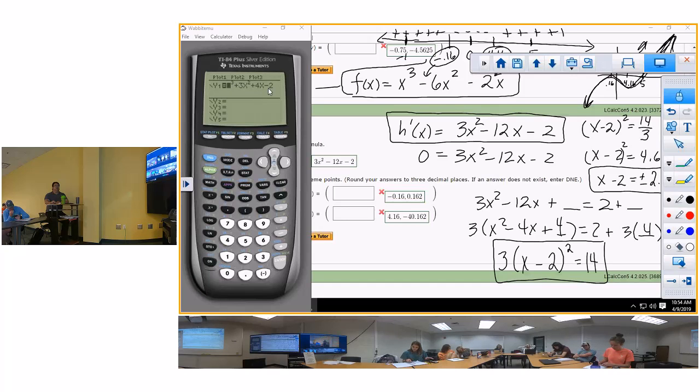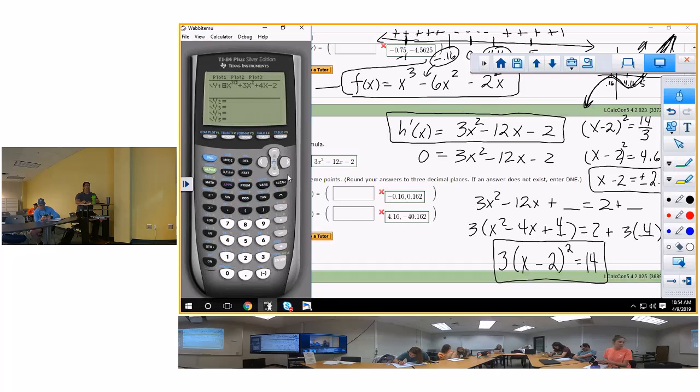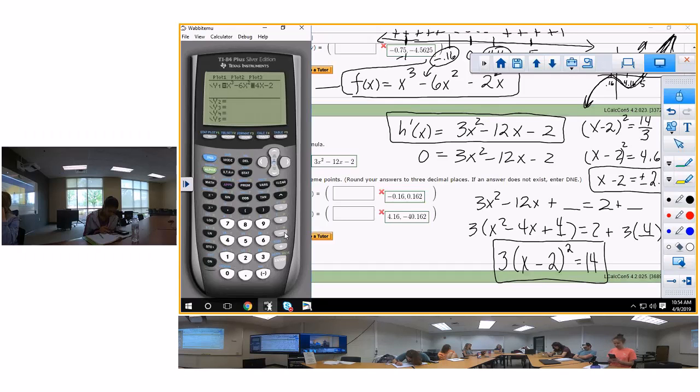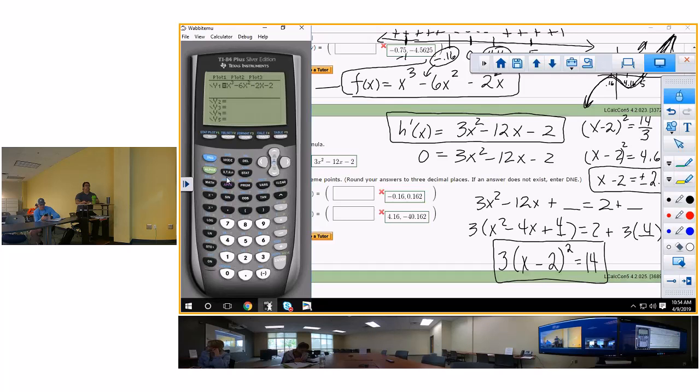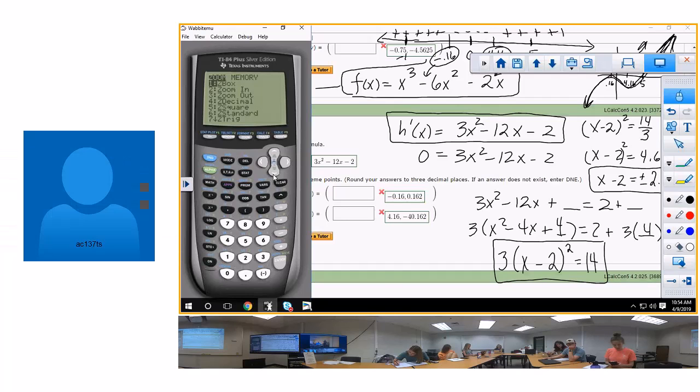All right, what is the function? X cubed minus 6x squared minus 2x. Delete. Graph. Let's go ahead and do a zoom fit. So let's do zoom standard first and see what it looks like.